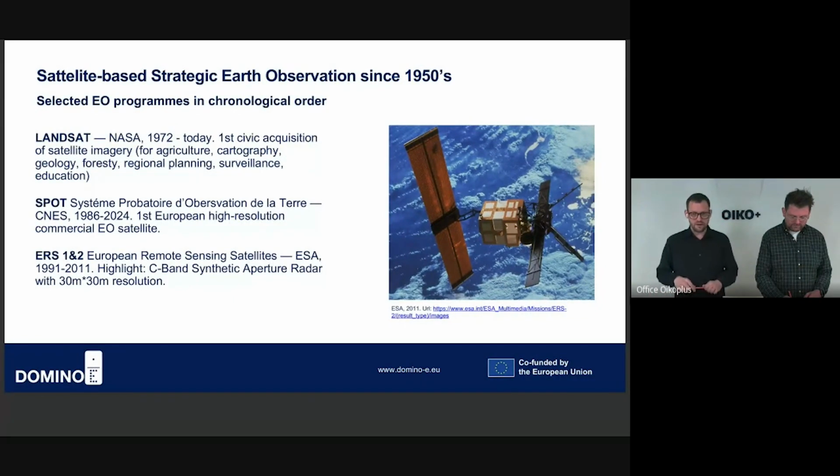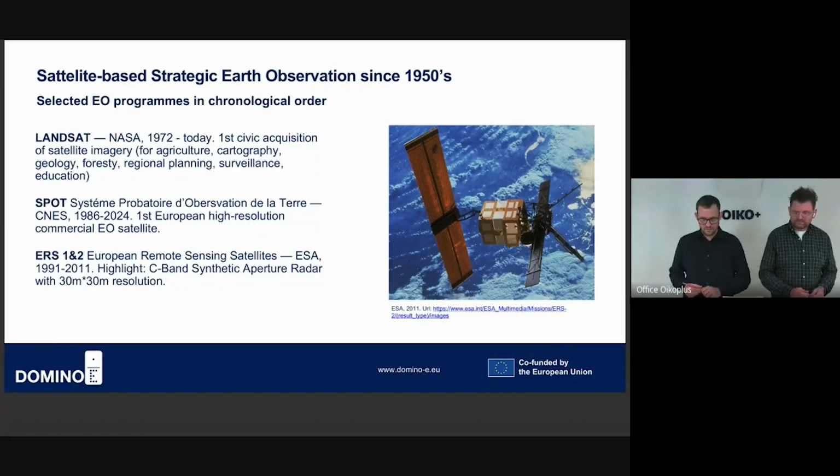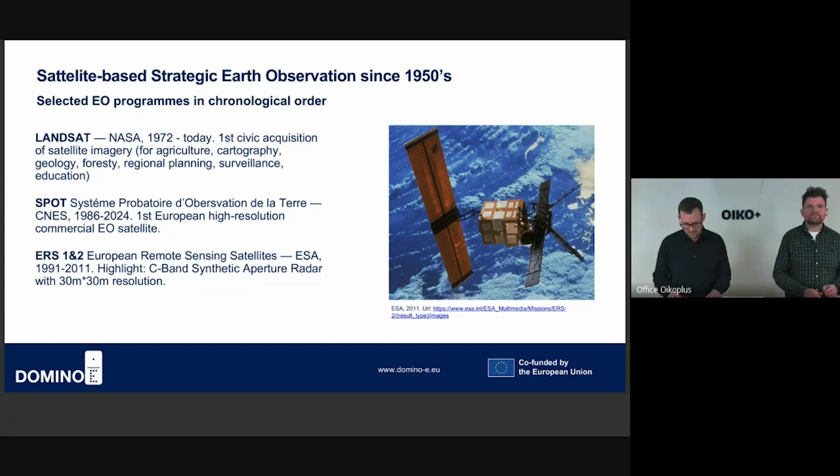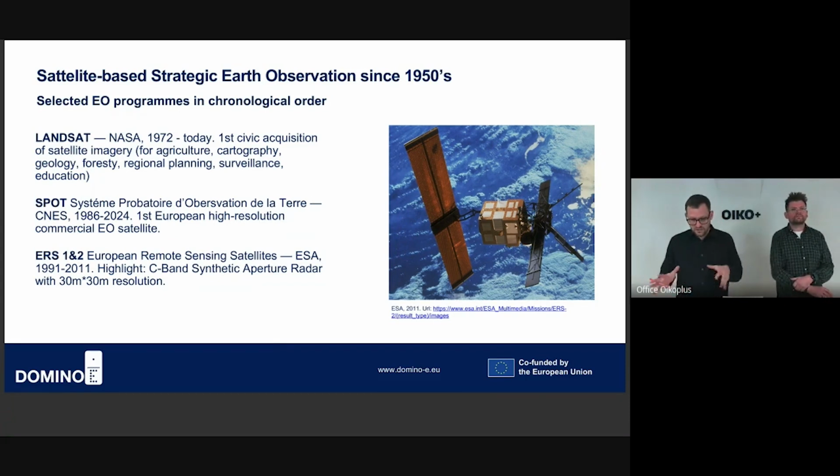Following these very early developments, we then moved on to the 1950s, where we saw a huge rise of major Earth observation programs all over the world, particularly in the US and in Europe, of course.